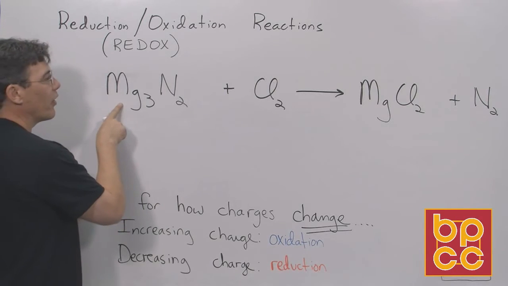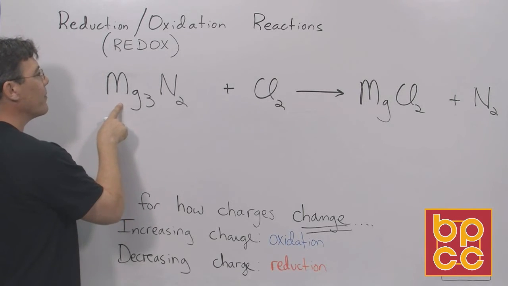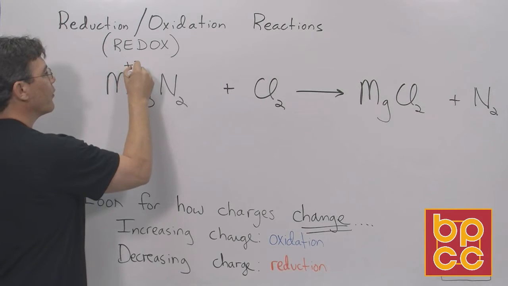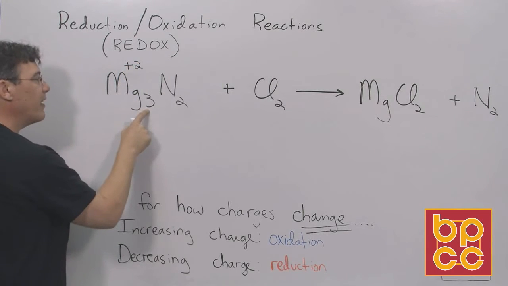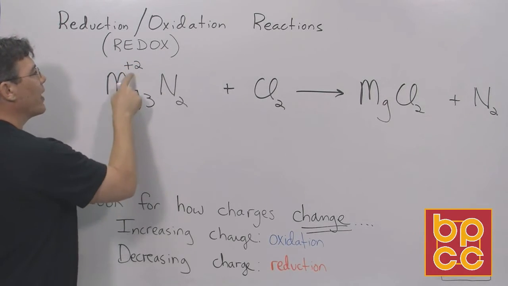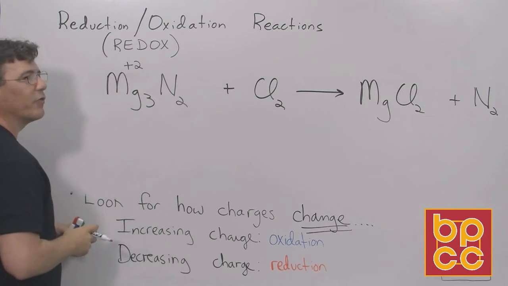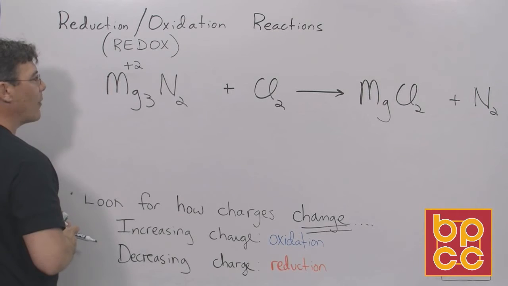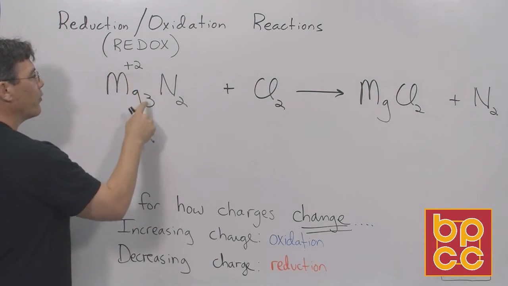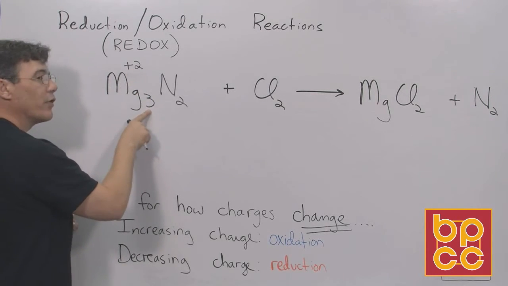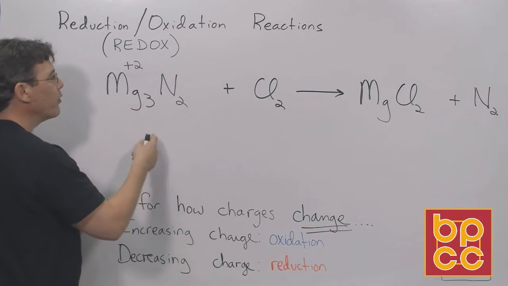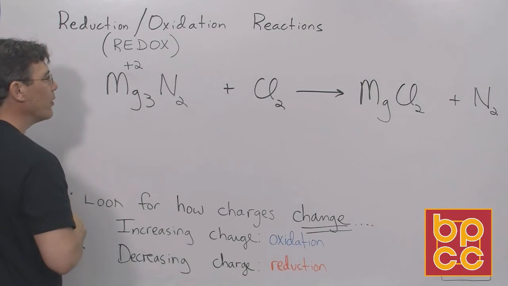The only possible charge on the periodic table for magnesium is a +2 charge. Now there are 3 magnesiums in the formula, but each one has a +2 charge. So what does that mean for the total positive charge in this compound, magnesium nitride? +2, 3 times, +2, +2, +2 would be +6 total.